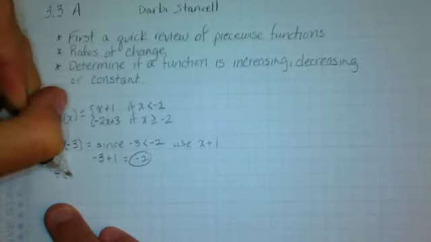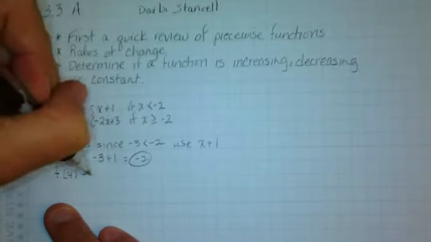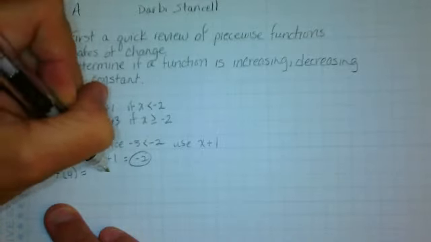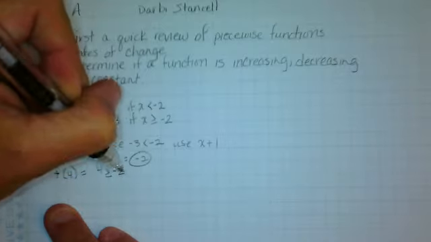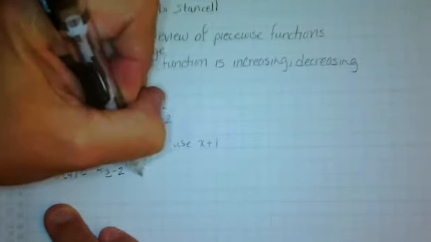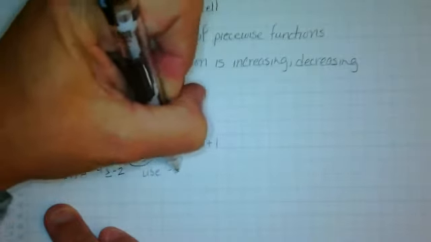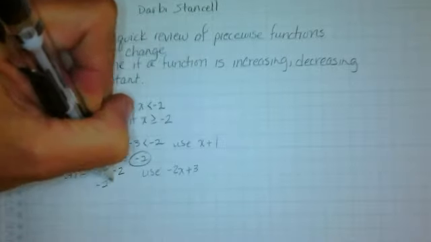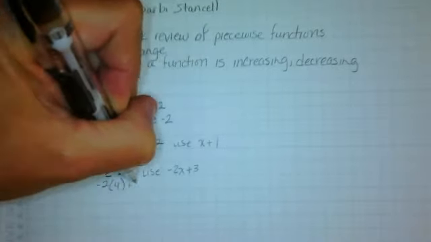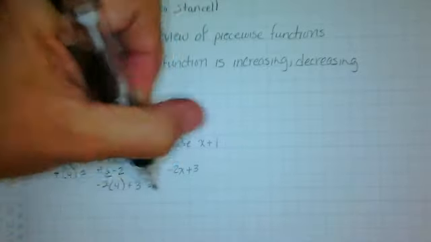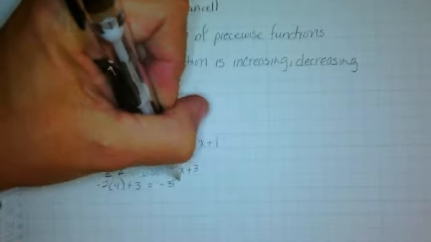If I say, what is f of 4? Well, 4 is greater than or equal to negative 2, so you're going to use the other rule, negative 2x plus 3. So negative 2 times 4 plus 3, negative 8 plus 3, negative 5.